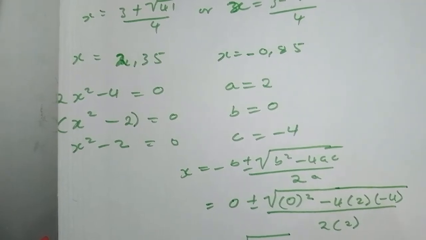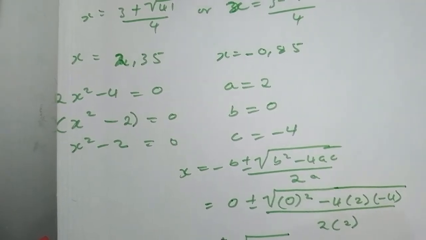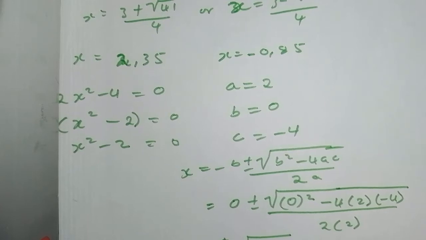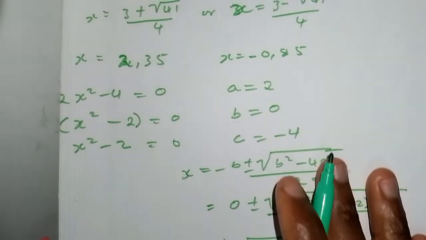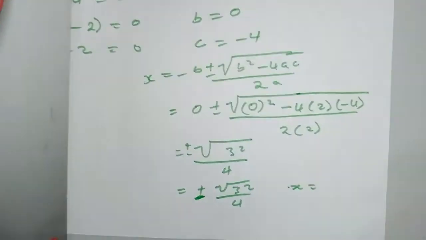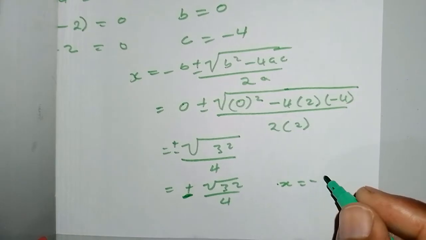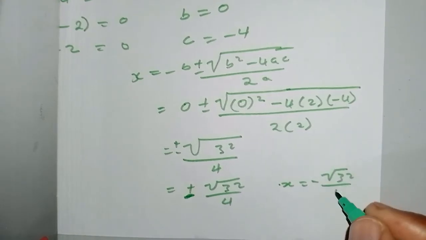Square root of 32, not forgetting my plus or minus, over 4. Then this will just give me x equals plus square root of 32 divided by 4. Then x equals minus square root of 32 over 4.